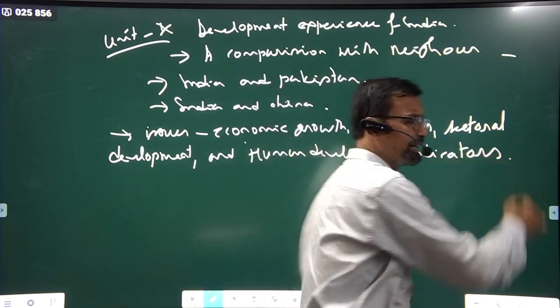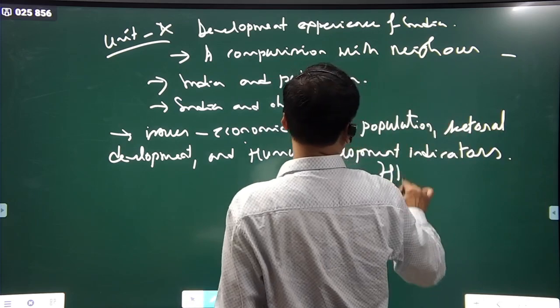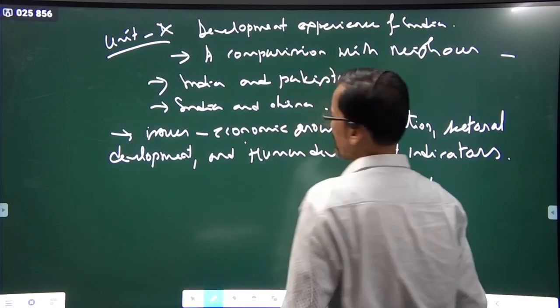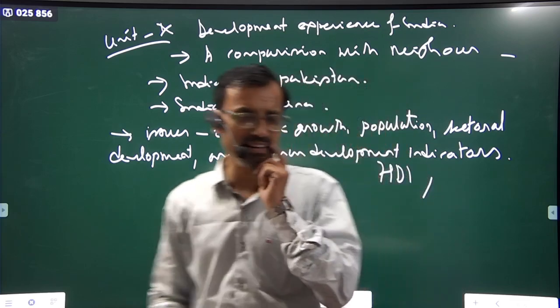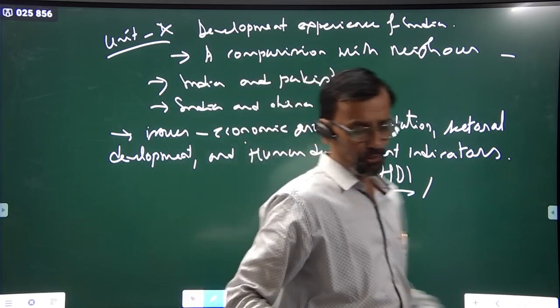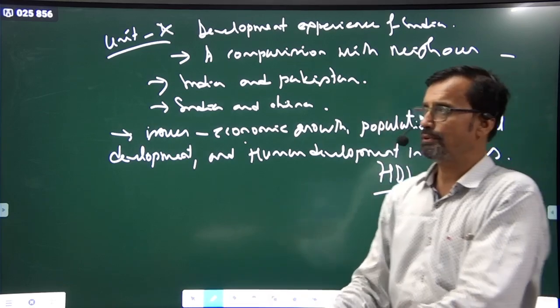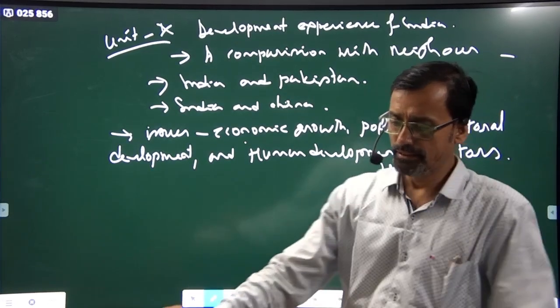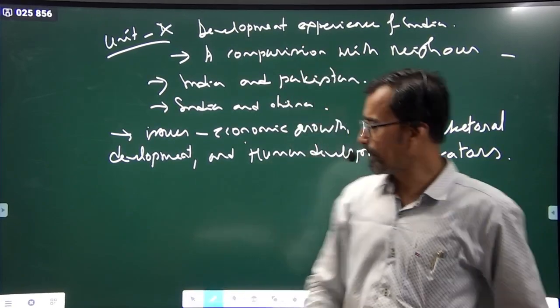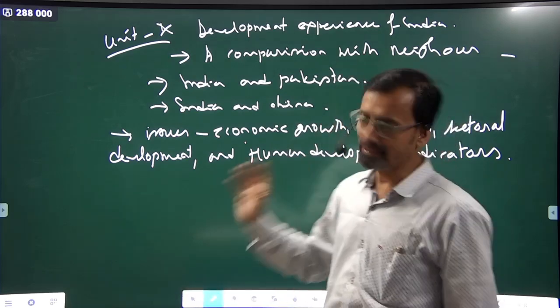Human development indicators like HDI, Human Development Index, Hunger Index, etc. All such indices we have to understand, because questions are supposed to come from this area also. So this is all about the syllabus, CUET, undergraduate.